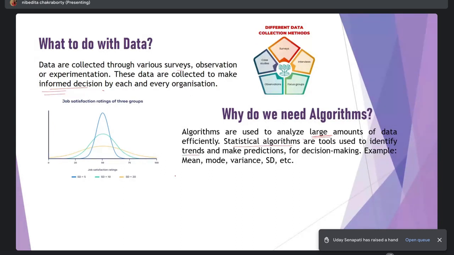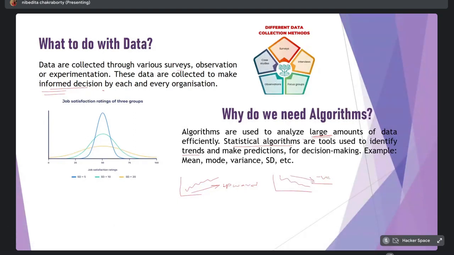So what does trend mean? If sales data goes upwards, there is a positive or upwards trend. If it goes the other way, there is a downward or negative trend. This is what we mean by trend, and with this data I can make different predictions for the future.